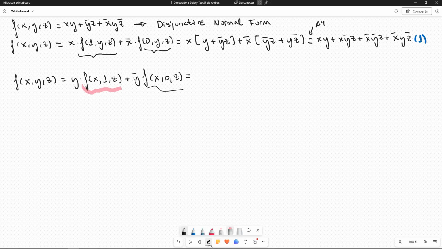Okay? But we are going to start using the previous function. So we are going to be using the previous function that we obtained in each step. So this is the following. If we replace 1 in this function, in the y, we have this.